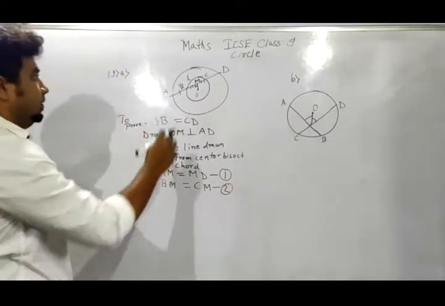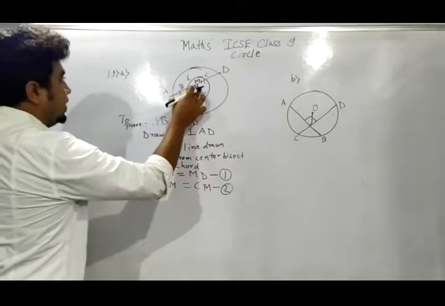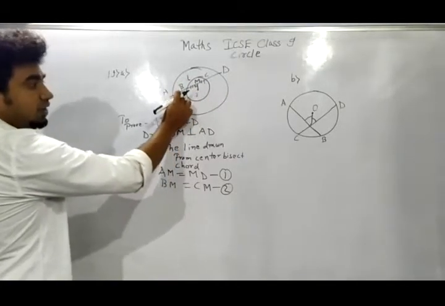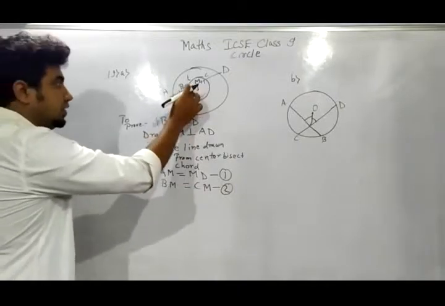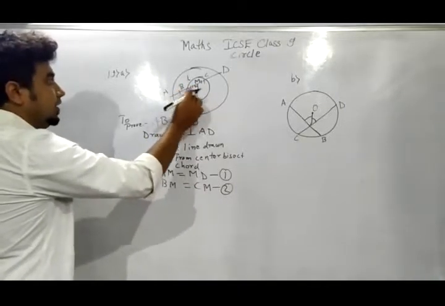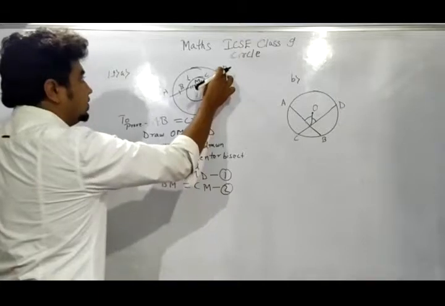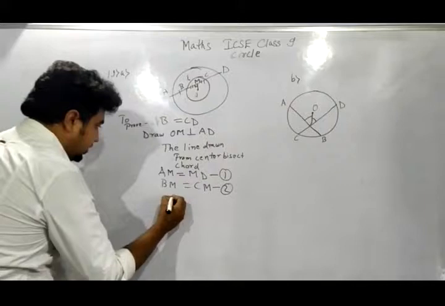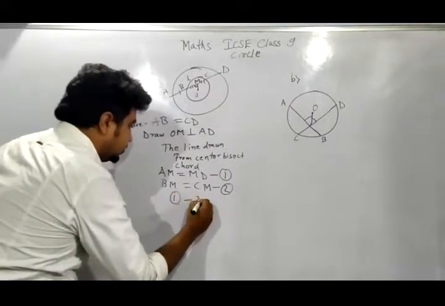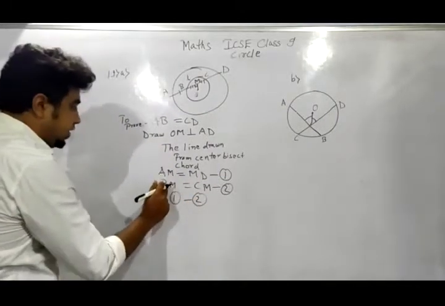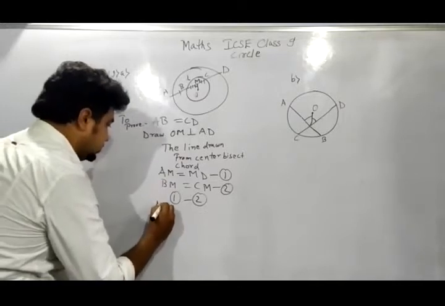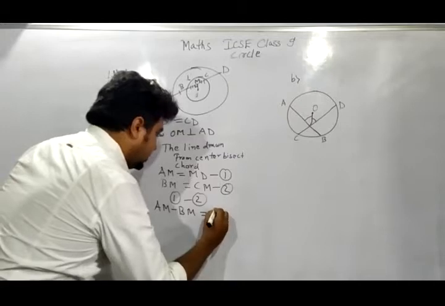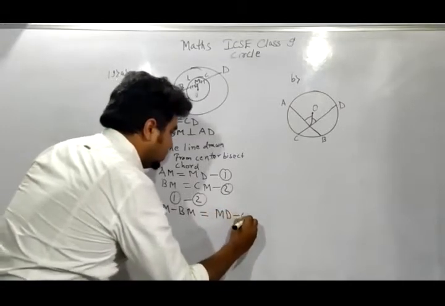Now, if you subtract BM from AM, AM minus BM is AB. And from MD, you subtract CM, and you get CD. I do equation 1 minus 2, means AM minus BM, and MD minus CM.